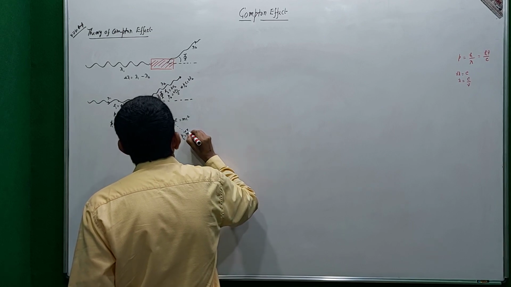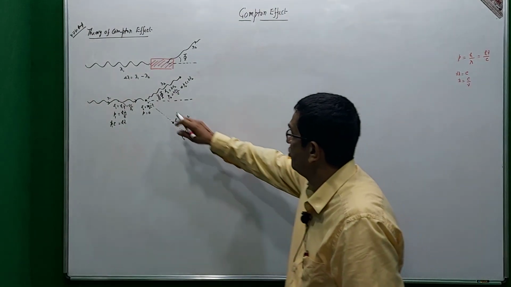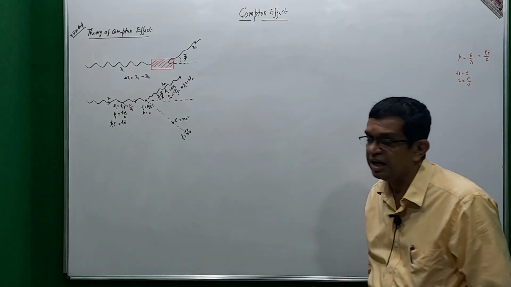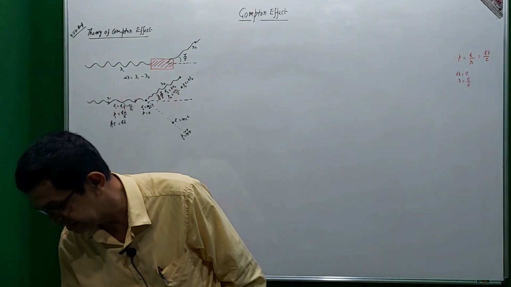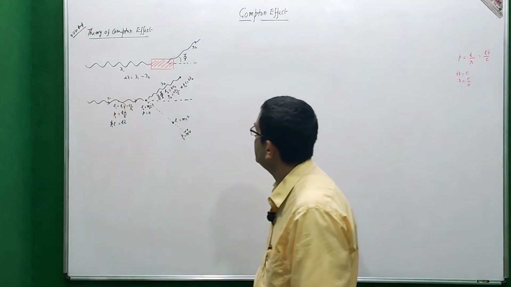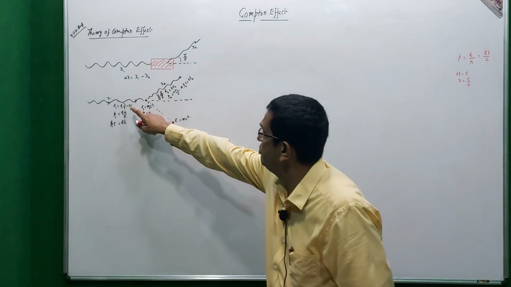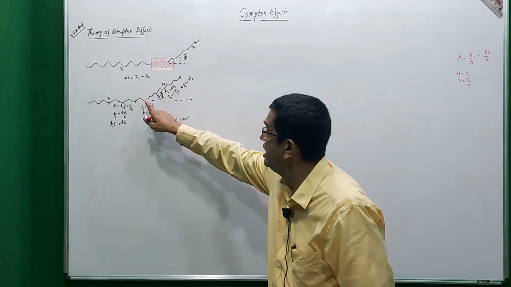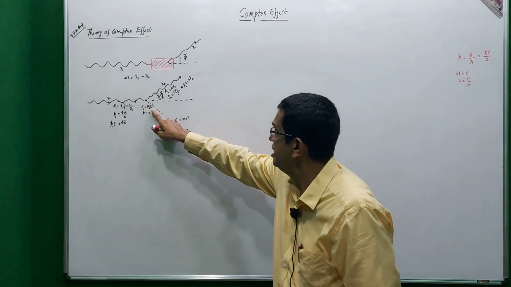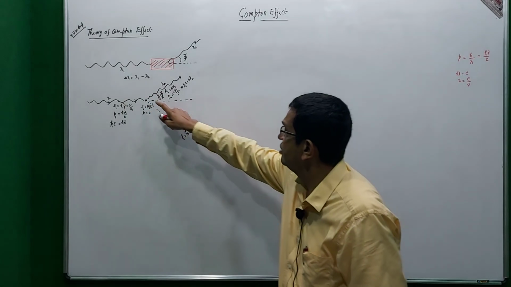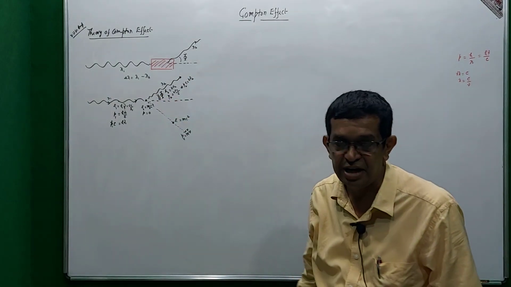That is equal to m v, where m is the mass of the electron. Therefore the whole phenomenon can be explained simply by considering the collision between the X-ray photon and the electron at rest. The electron takes the energy and travels along this direction, and the photon travels along this direction. Phi is the scattering angle.